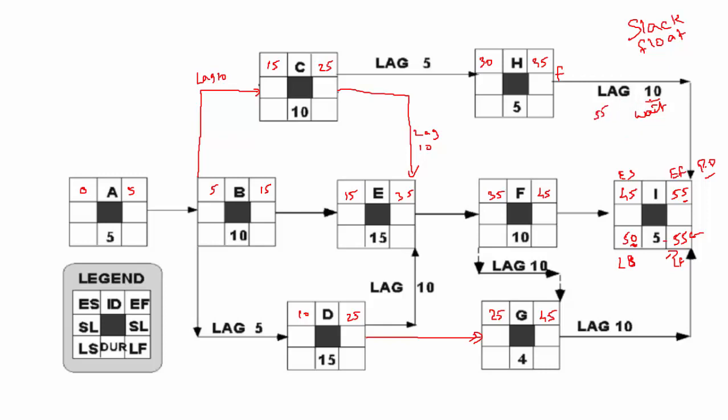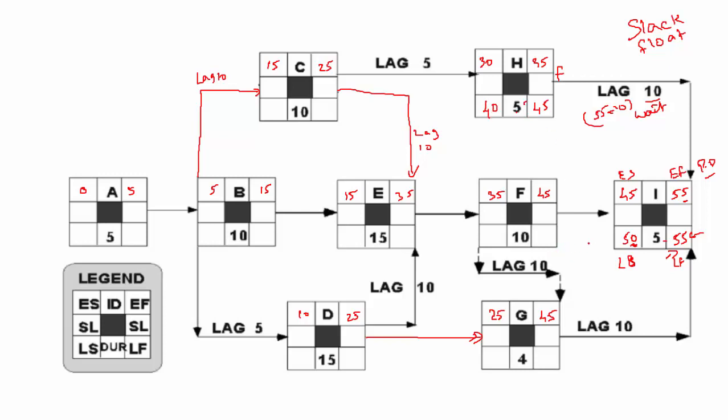Before finishing I, we need to wait for 10 days, then finish H. So 55 minus 10 would be 45. So I'm going to bring here 45. Now this is pretty simple. 45 minus 5 would be 40.